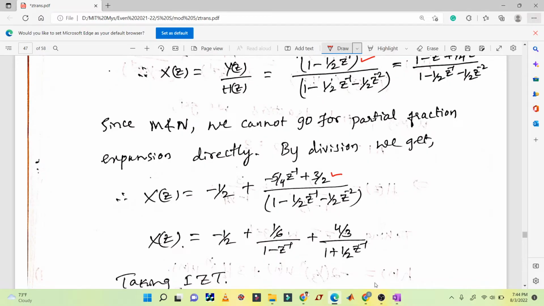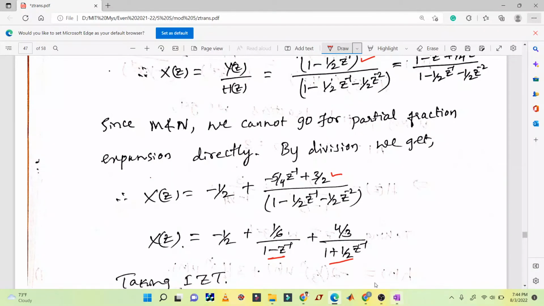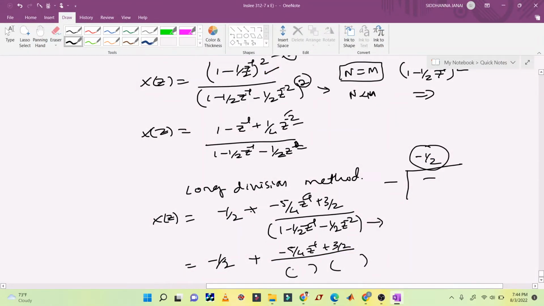So what are these two terms? One root is 1 minus z inverse, another root is minus 1 by 2, that's why 1 plus 1 by 2 z inverse. Okay, 1 minus z inverse, 1 plus 1 by 2 z inverse.